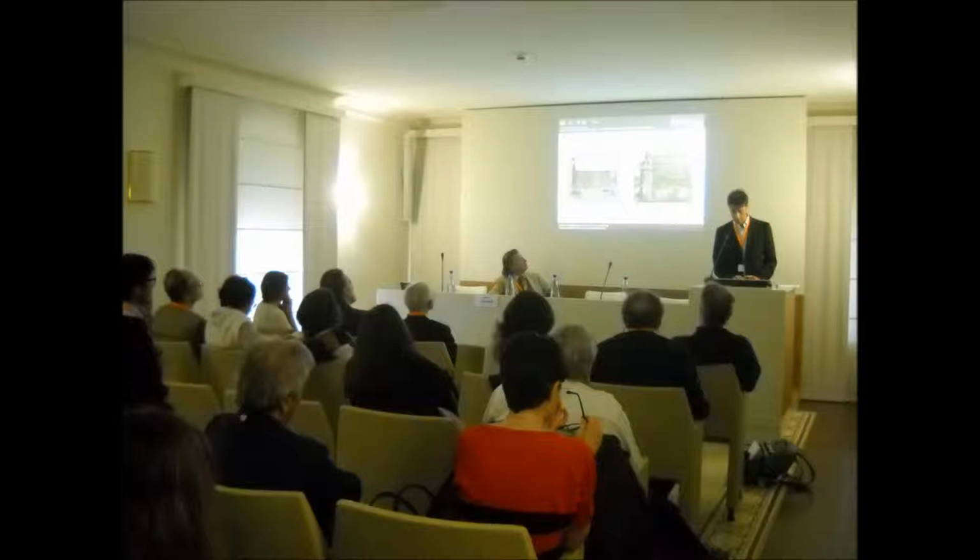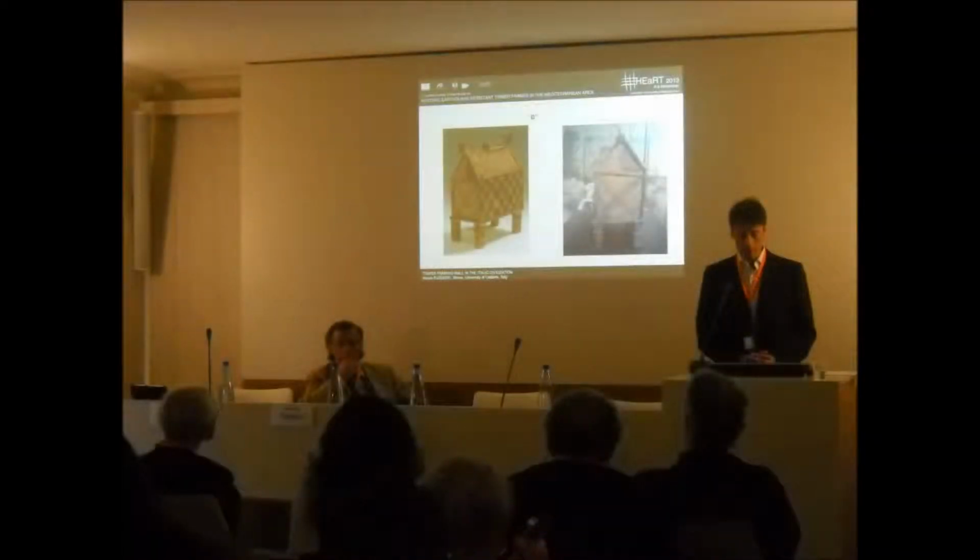So there is another thing to observe, because the executor of the model is a sharp observer. From reality, he has noticed and represented many elements, and also some deformation, such as in the tie beam.